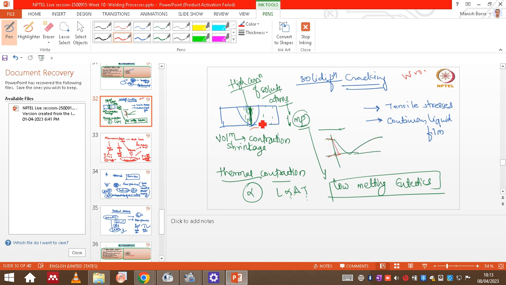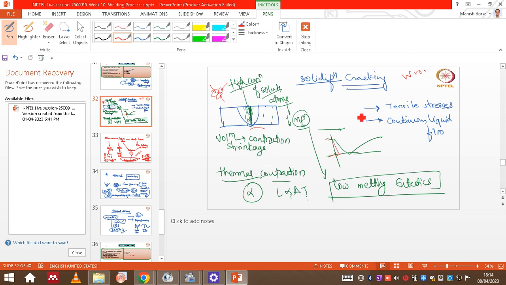Mainly what will happen during the solidification of the alloy, tensile stresses will be developed at the last solidifying region, okay. That last solidifying region is definitely in the interdendritic region or intergranular path, we can say, right? Because the surrounding metal is already solidified, volume contraction takes place, okay. And the stresses acting because of that volume contraction, right?